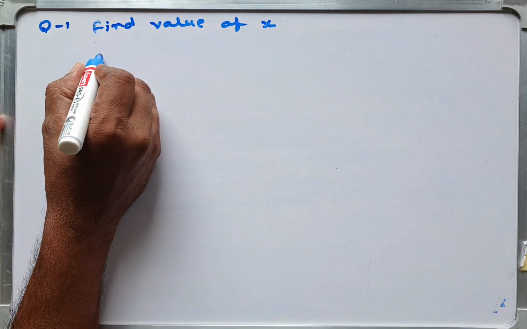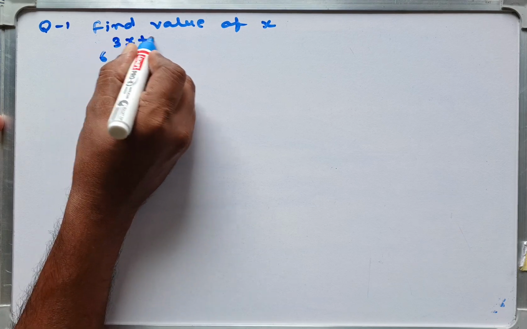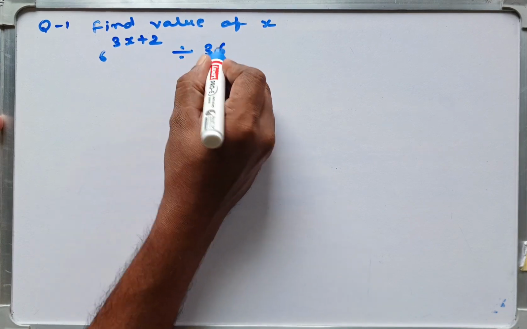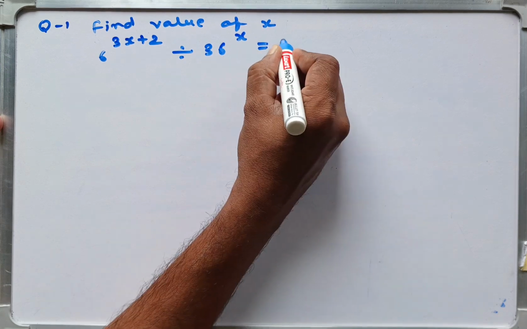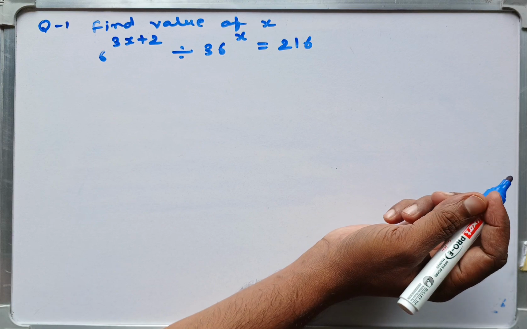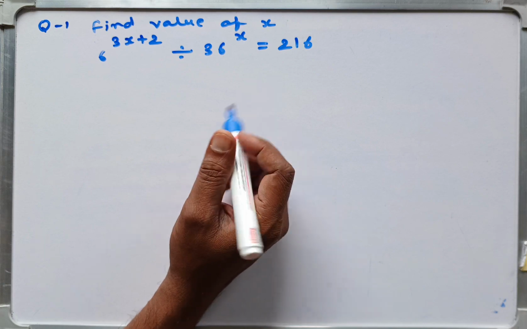The question is 6 to the power of 3x plus 2, divided by 36 to the power of x, equal to 216. So how could you find this? What will be the value of x?